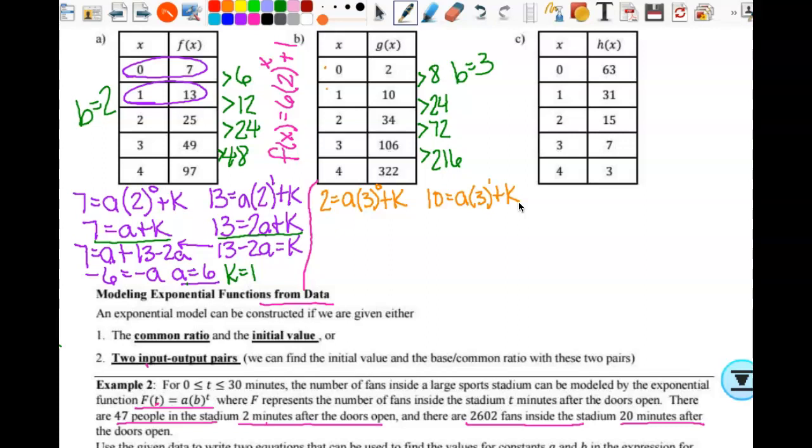All righty. So that means if I simplify this first one, I get 2 equals a plus k, and 10 equals 3a plus k. Me personally, I would take the second one and solve for k. So I get 10 minus 3a equals k. Put it in over here, right? Go ahead and find a and k.